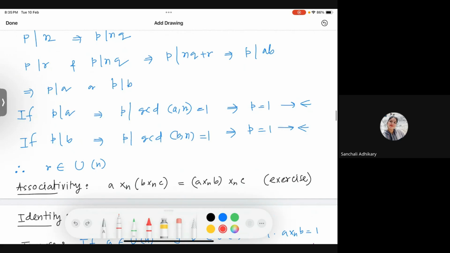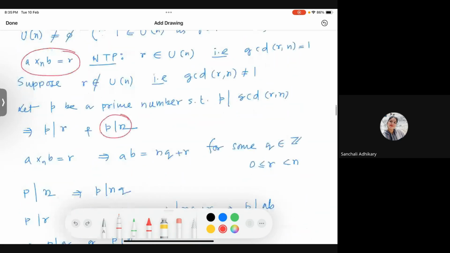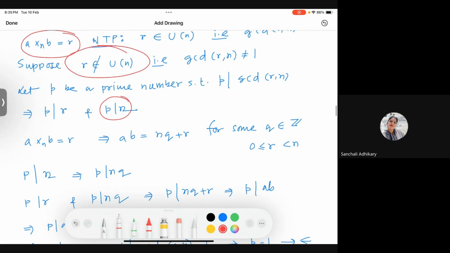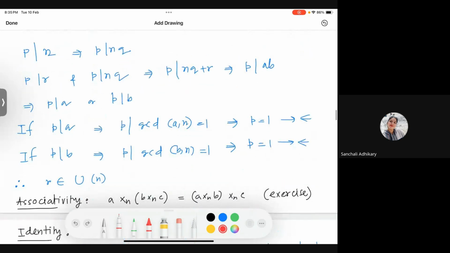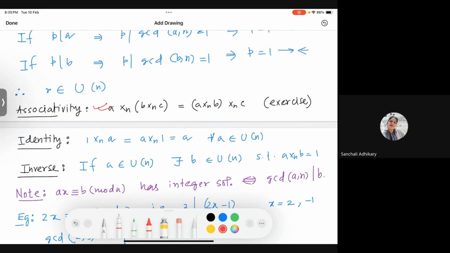This is the contradiction. So what is wrong? R does not belong to UN. This is wrong. So R belongs to UN. So from here I can say this set is closed.